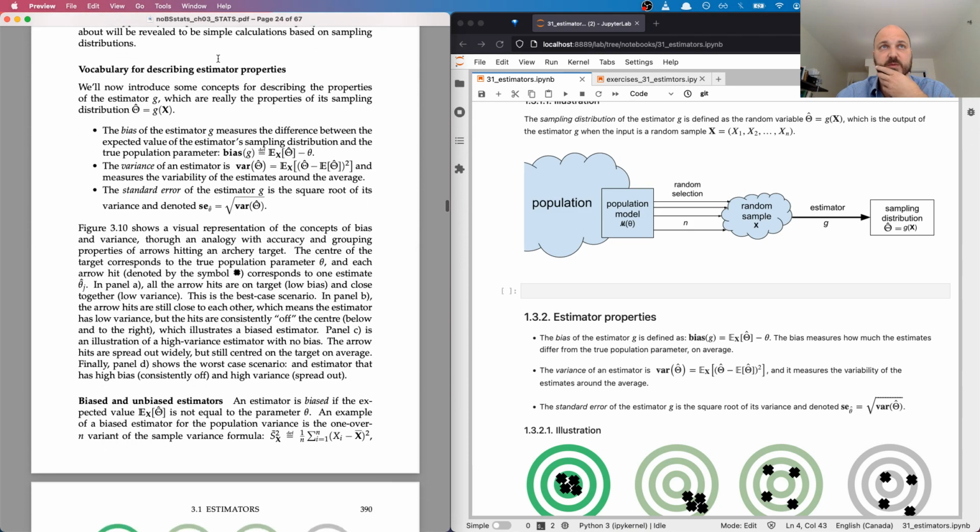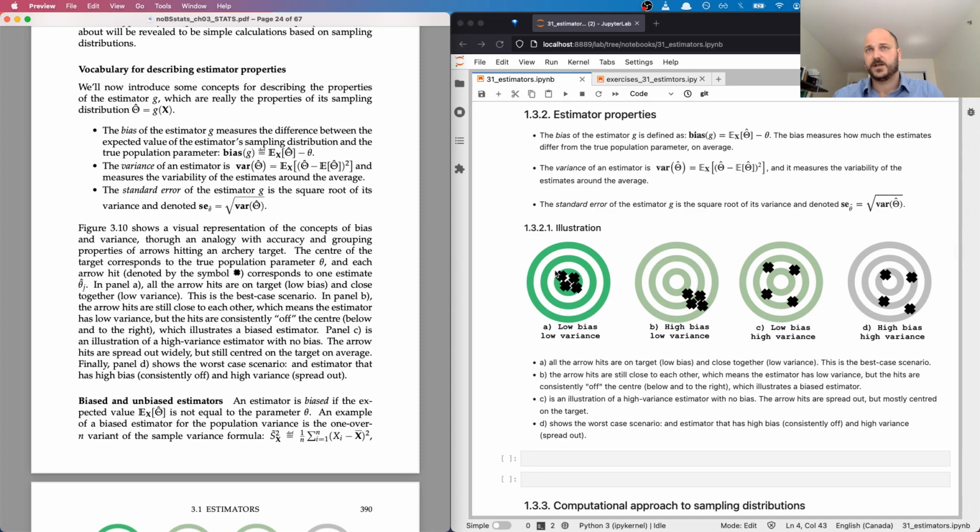A little bit of vocabulary. The bias is a measure of are you accurate on average? Are you on target? So imagine these are arrows hitting a target.